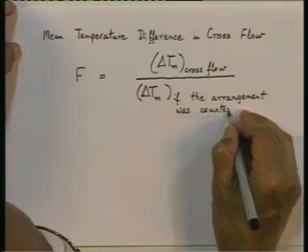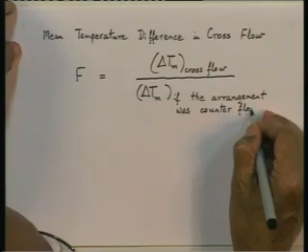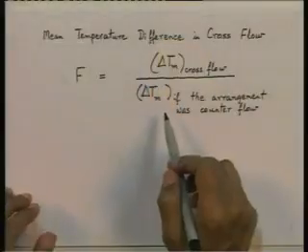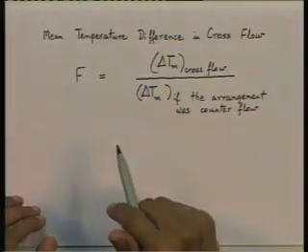And we know how to calculate the denominator. And in case the fluid is unmixed on one side, remember you have to take the bulk mean temperature of the fluid leaving the heat exchanger, and substitute that in the expression for delta Tm for obtaining the counter flow delta Tm.